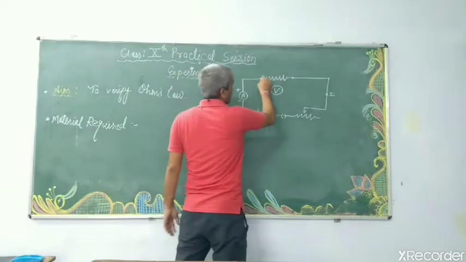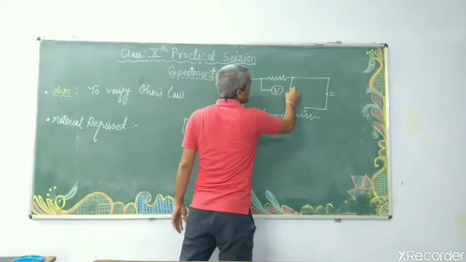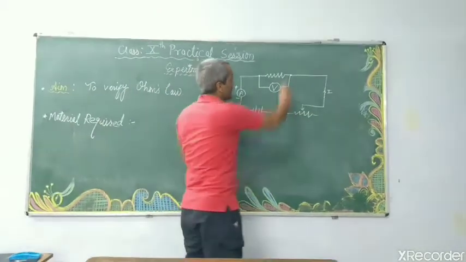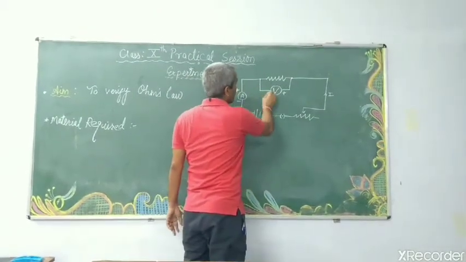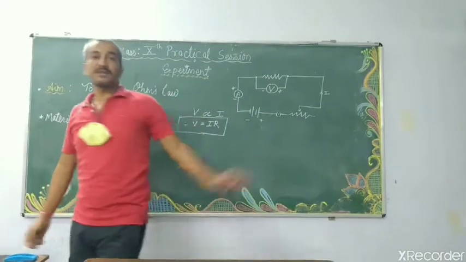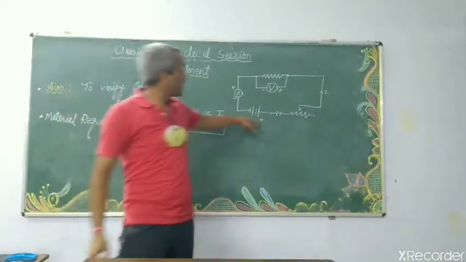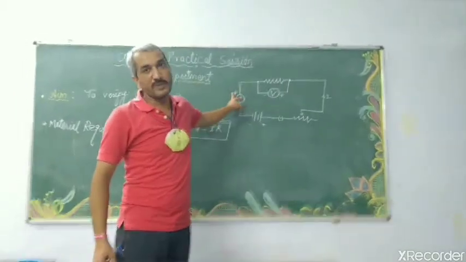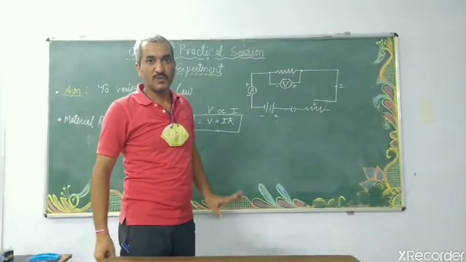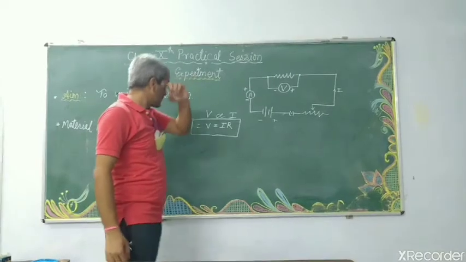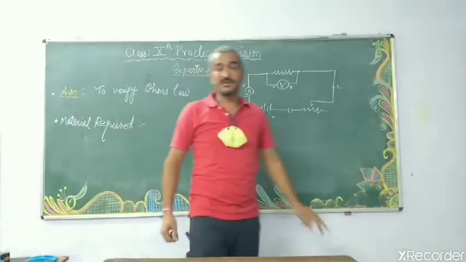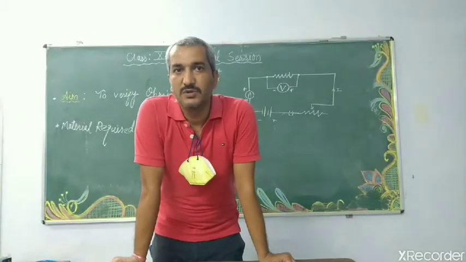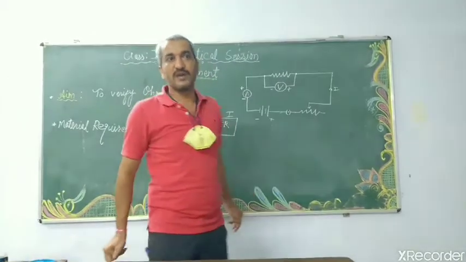So it will be connected parallel to this resistor, and you see the positive terminal, and here is the negative terminal. The positive terminal of the battery is always connected with the positive terminals of the voltmeter and ammeter. Got it? So this is the simple circuit diagram.